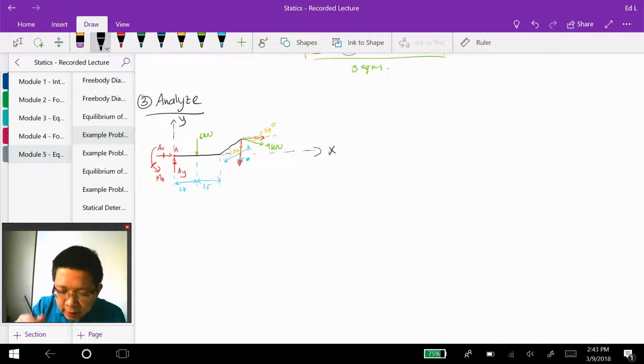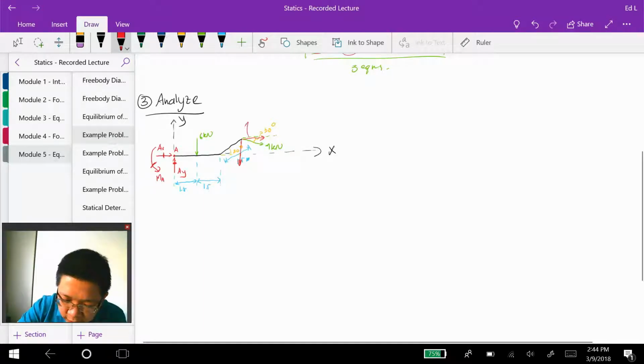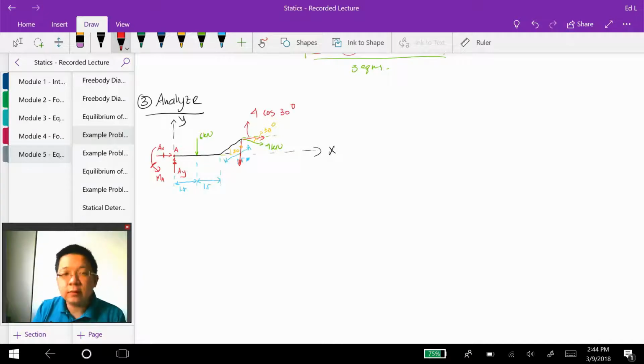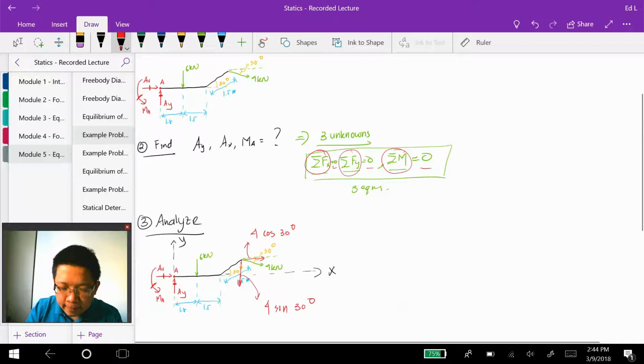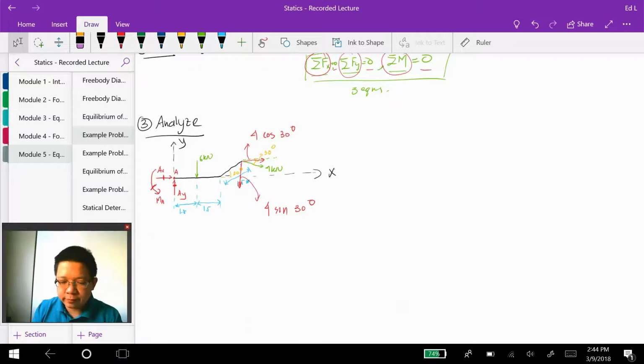In here, this component of the force is 4 cosine 30 degrees, and the component of the force right here is 4 sine 30 degrees, because we know the angle right here is 30 degrees. So I first decompose this 4 kilonewton force into its x and y components.